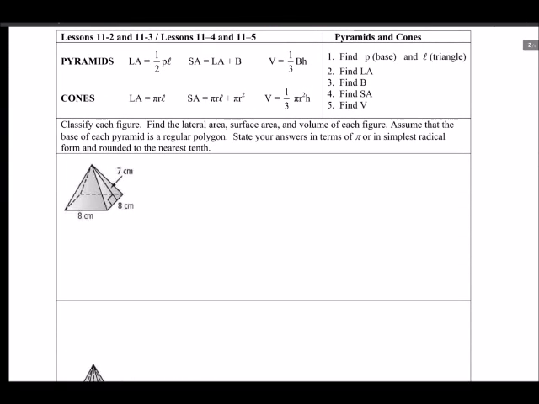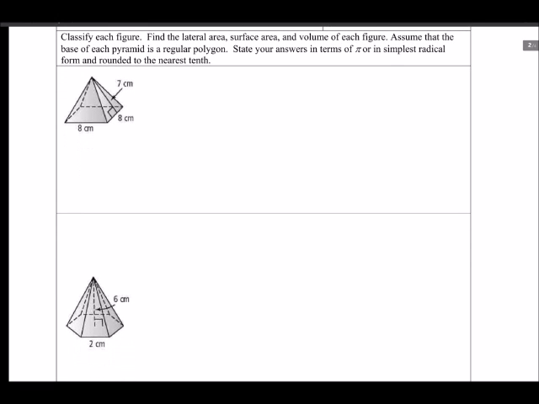All right, pyramids and cones. We do exactly the same thing, only we use our other set of formulas here. So let's look at our first problem. And we have, first off, this is going to be a square pyramid, and I'm going to identify my base here.